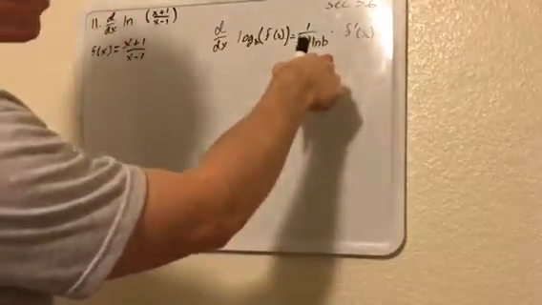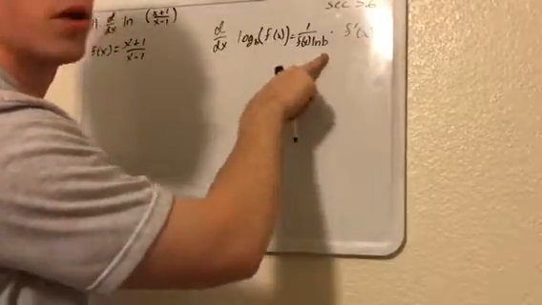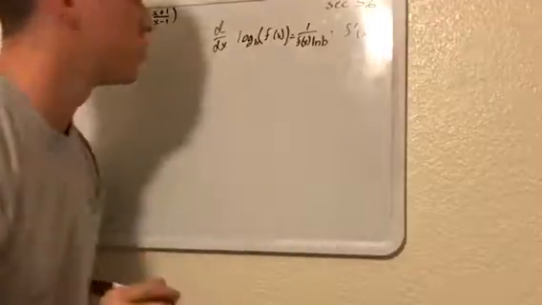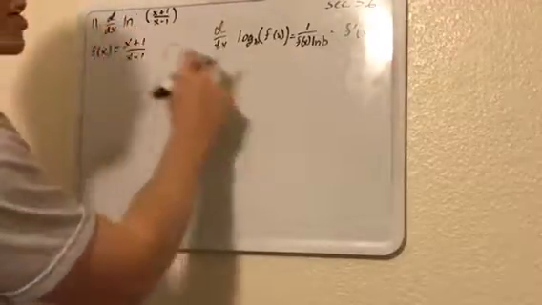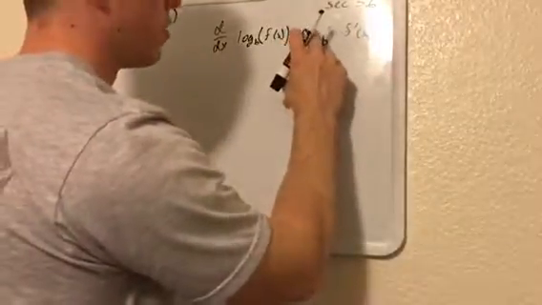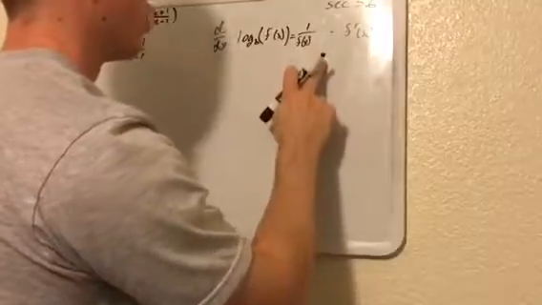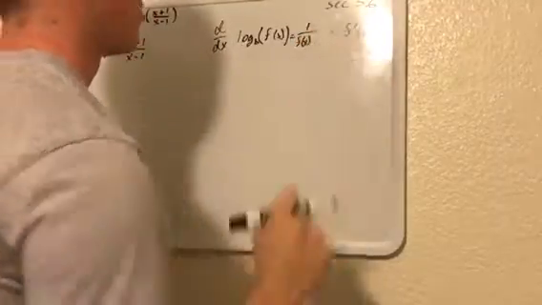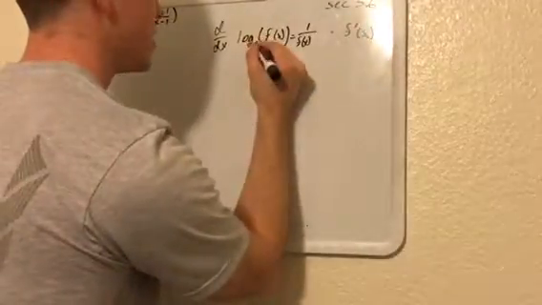In this scenario, since we have the natural logarithm, our base is e. So what I would like to do is just assume that whenever we're doing natural log derivatives, we can just ignore this portion of the formula. So it'll actually come to just be 1 over f of x times f prime of x whenever you're taking a logarithm with base e.